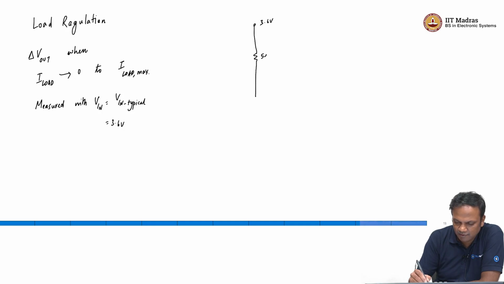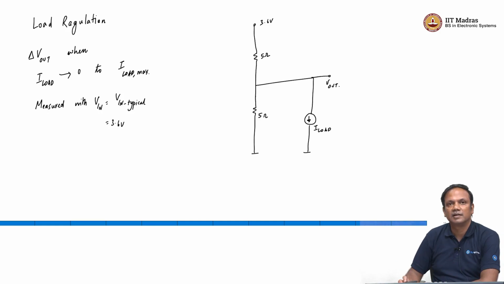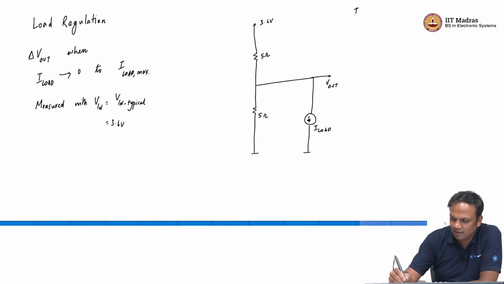you have 5 ohms, and now we are loading it with the load current, this is V out. I load equal to 0 is very simple to calculate.